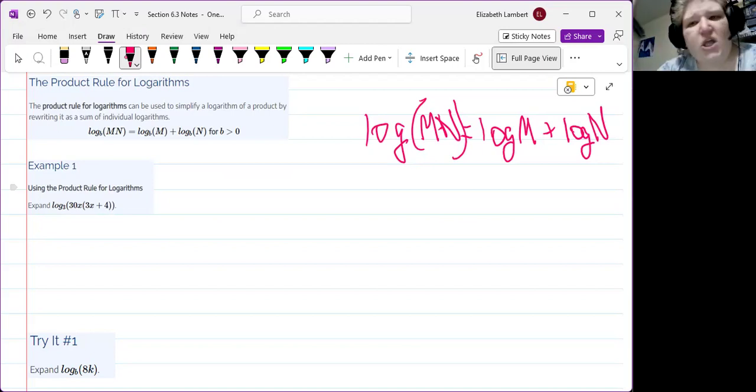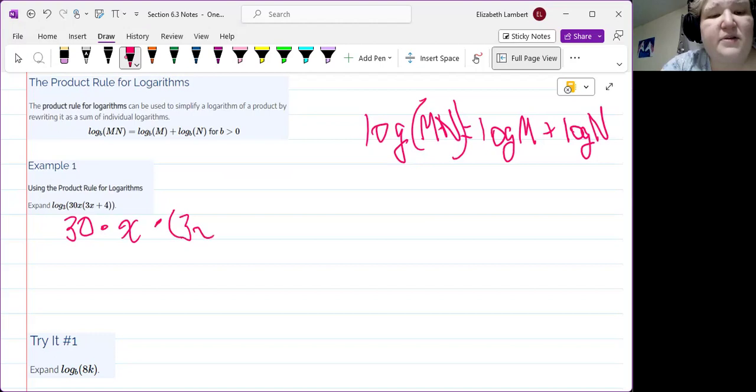I can't split a log across addition. So in here, there's the 30, there's the x, and there's the 3x plus 4. That 3x plus 4 is a thing that we can't break anymore. That's going to get its own log, but we can't break that log any more than that.